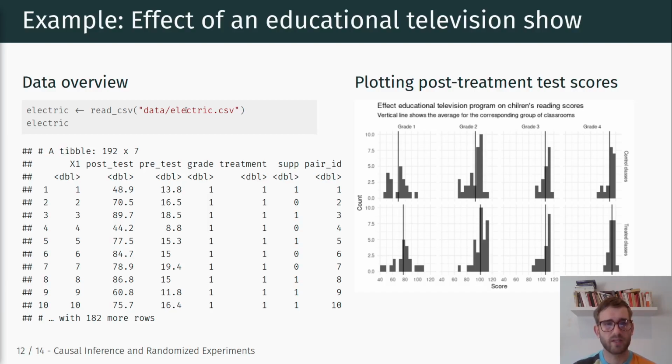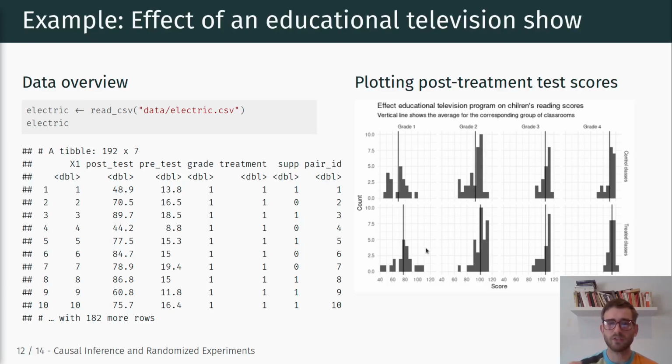What we have here is histograms of the post-test reading scores in grades 1 through 4, comparing the control group on the top and the treated groups in the bottom. Just by visual inspection, we see that especially for lower grades, there seems to be an improvement in reading scores for classes that were assigned to the intervention, the educational television show.